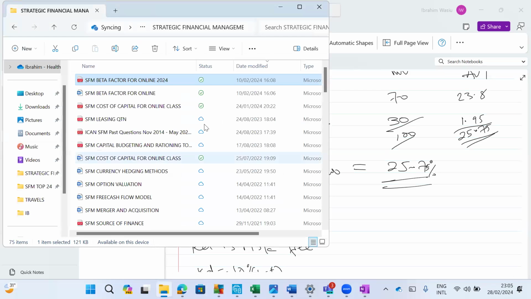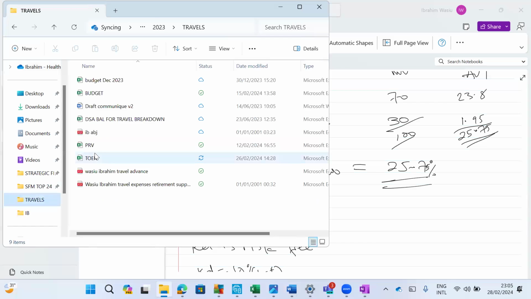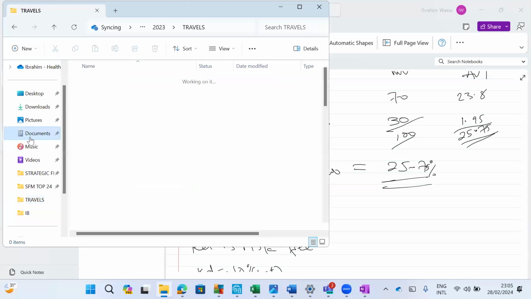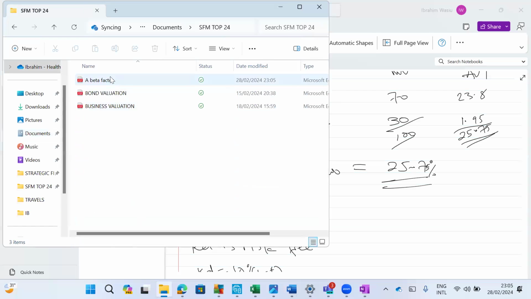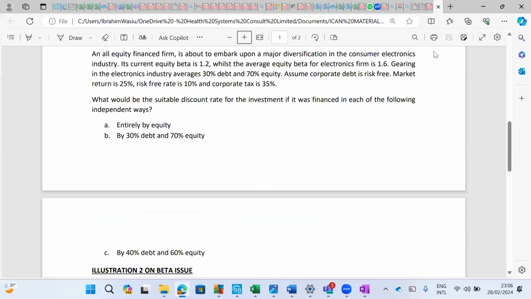Please, I want to check how we got this 34% and 6.5% from our calculation. You do your cost of debt net of tax.